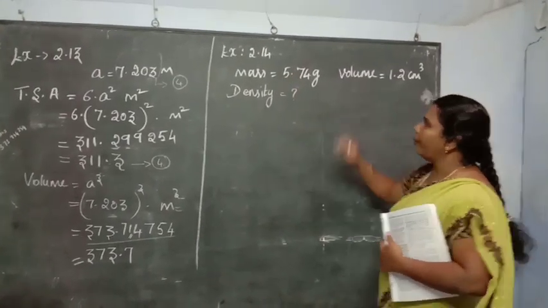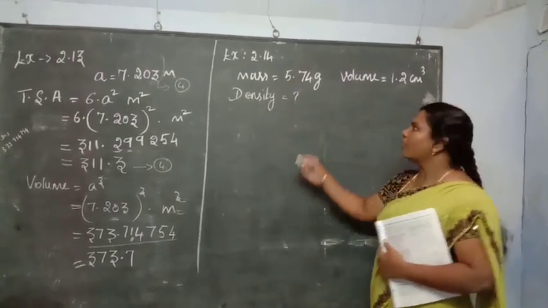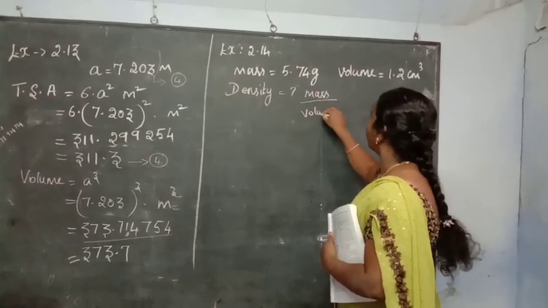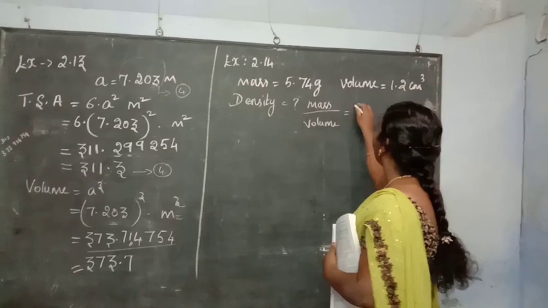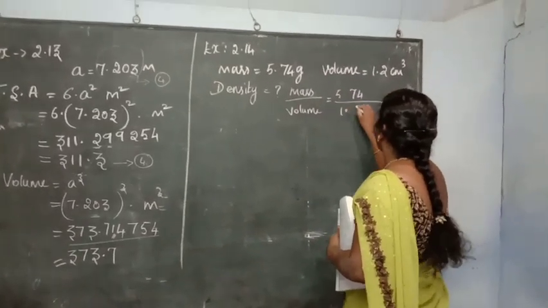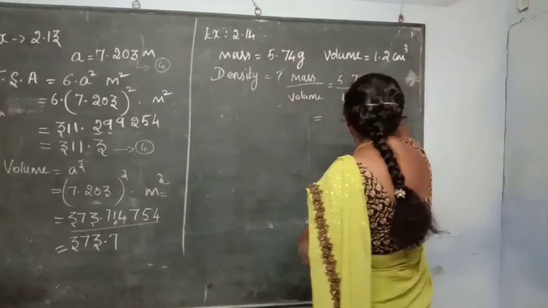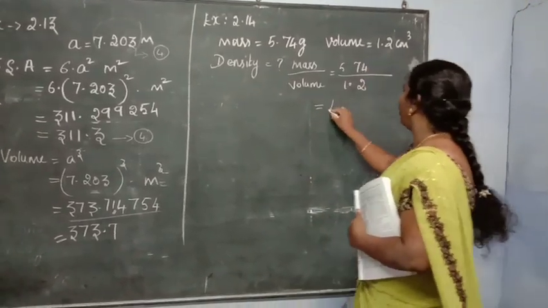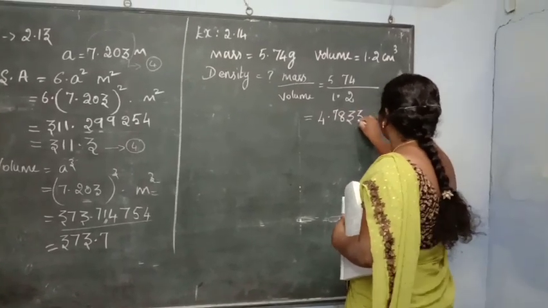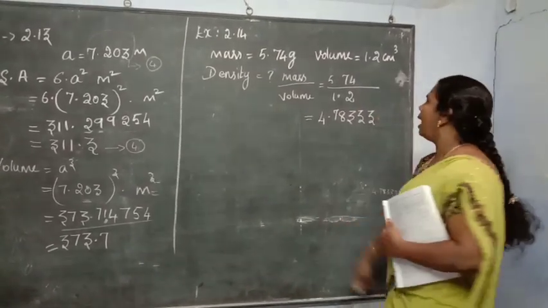Mass given, volume given, they are asking density. What is the formula? Density is equal to mass by volume. So what is the mass here? 5.74 divided by what is the volume? 1.2. So when you are dividing these two values, you get 4.78333. Okay, so this is the answer.